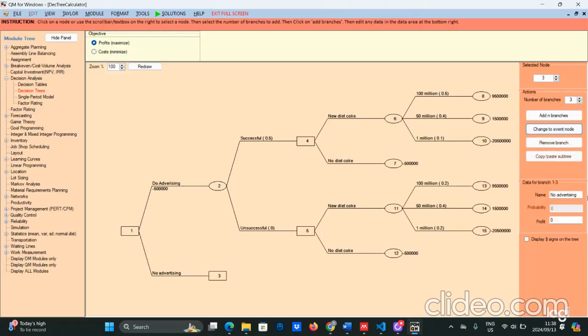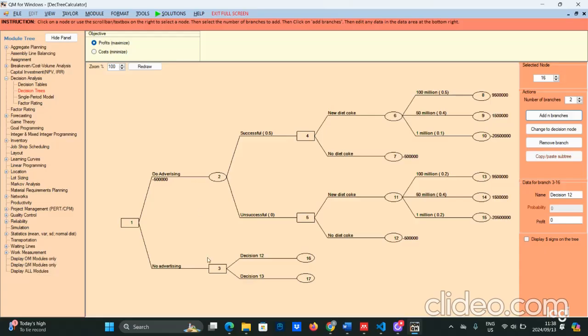They'll have to decide on whether they're introducing or not introducing the new drink, which means here they'll have to decide whether to introduce the new drink or not introduce the new drink.